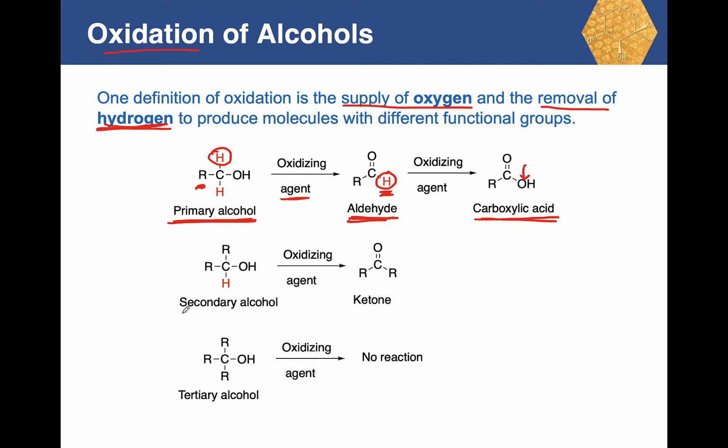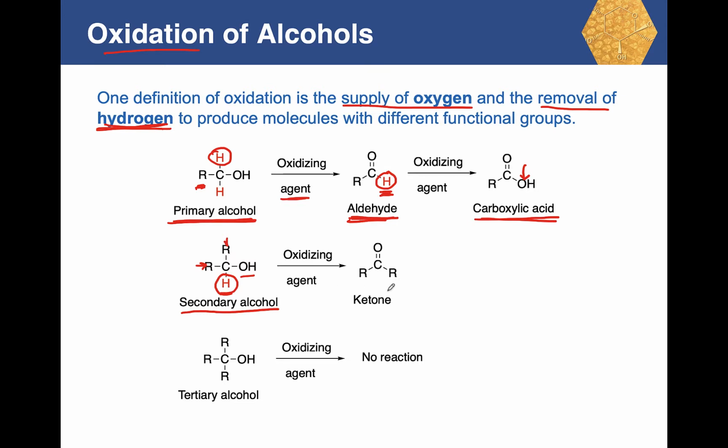Let us look at a secondary alcohol. You may recall that a secondary alcohol has two carbon-containing groups bonded to the carbon that has the OH. In the presence of a strong oxidizing agent, which we'll cover in the next slide, the hydrogen here, shown in red, is removed.